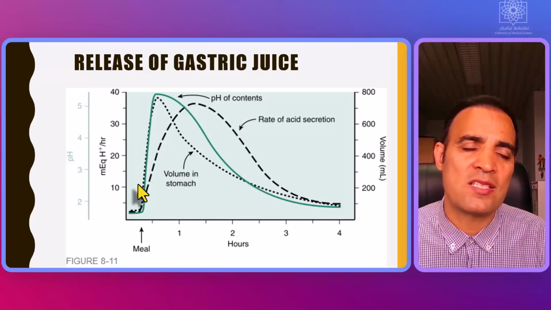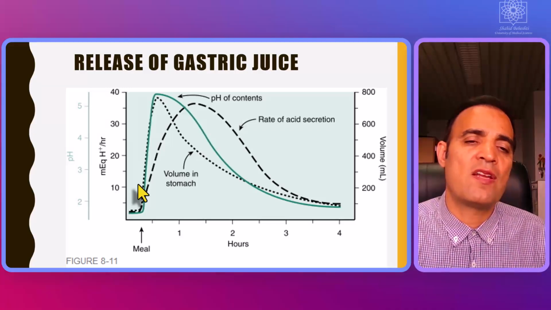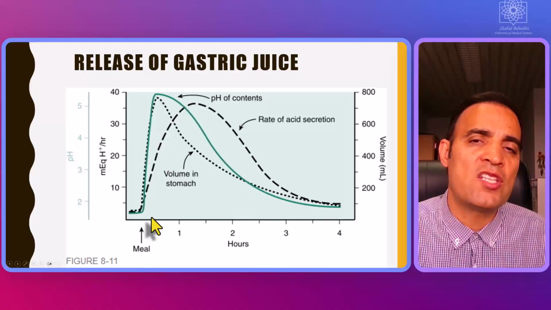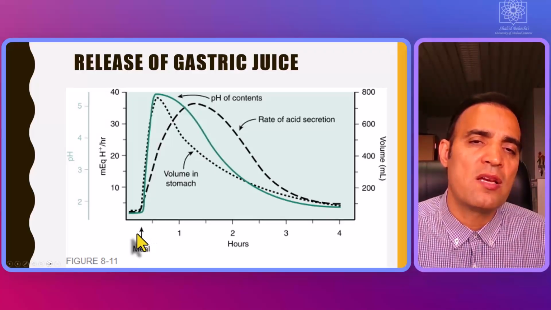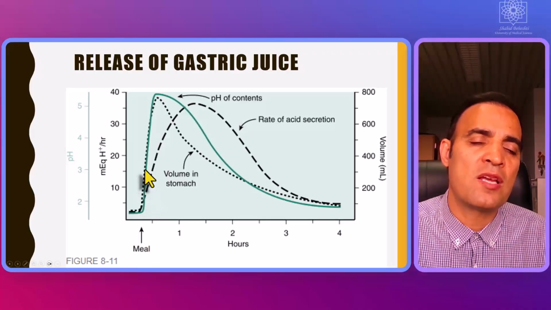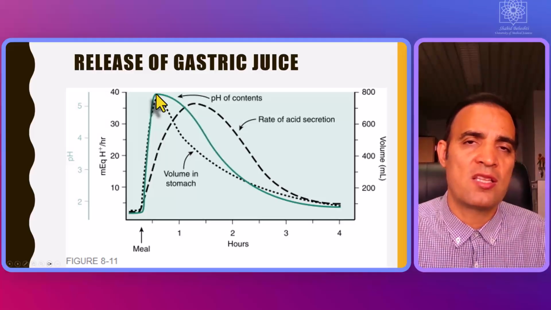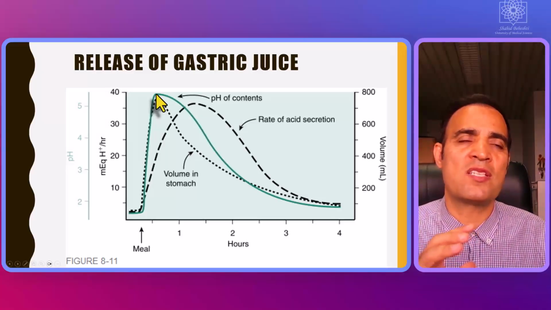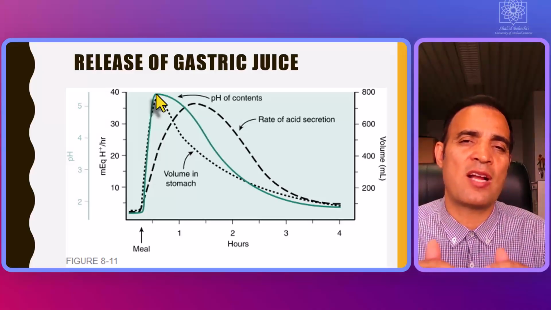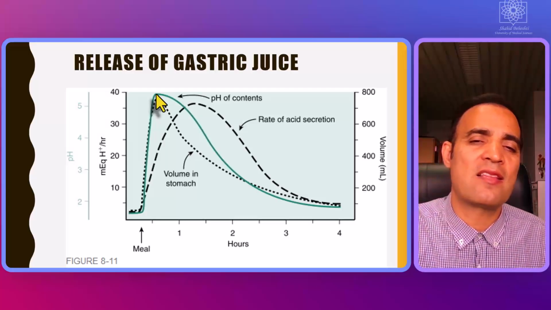As you can see, when we eat a meal, immediately the pH increases because the food mixes with the acid, therefore acidity decreases.